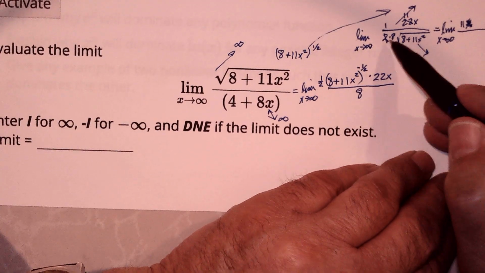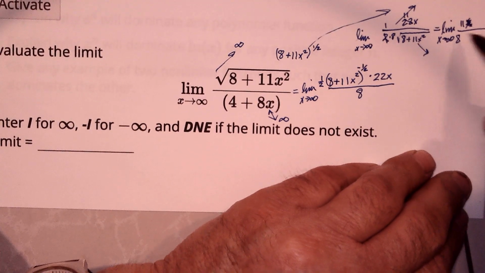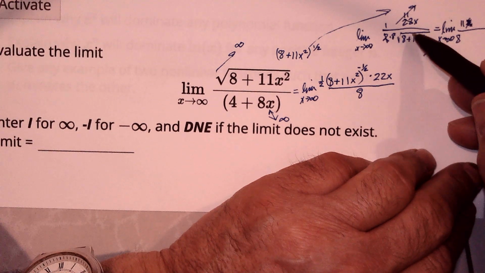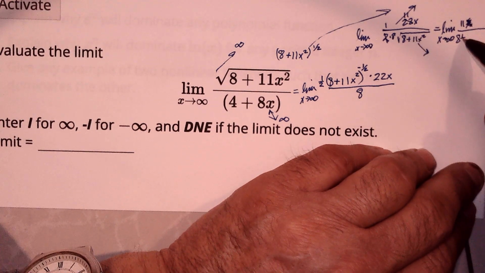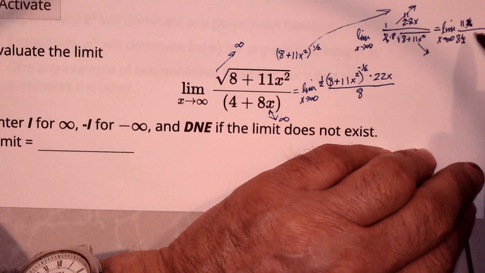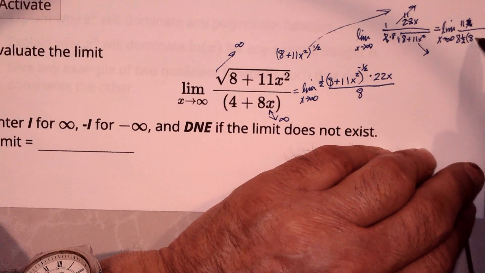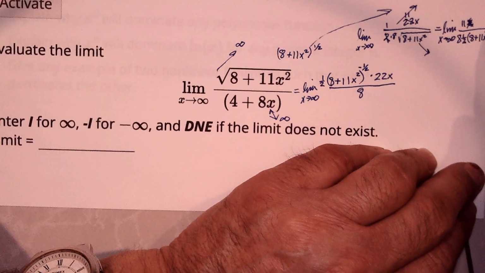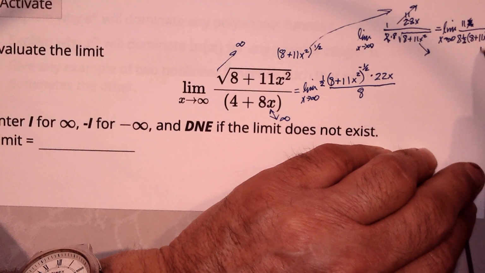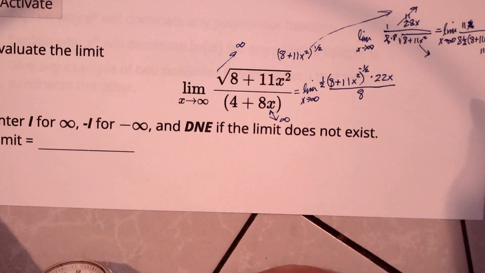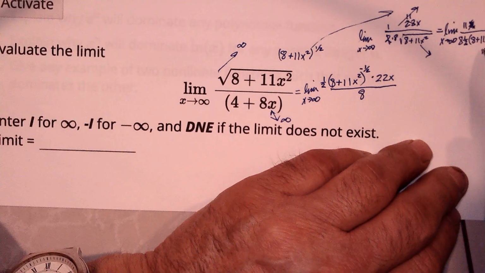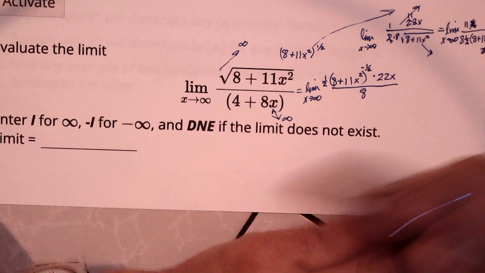And the derivative of the denominator is 8. And this is to the 1/2, so it'd be 1/2 times 8 plus 11x squared to the negative 1/2 times 22x.